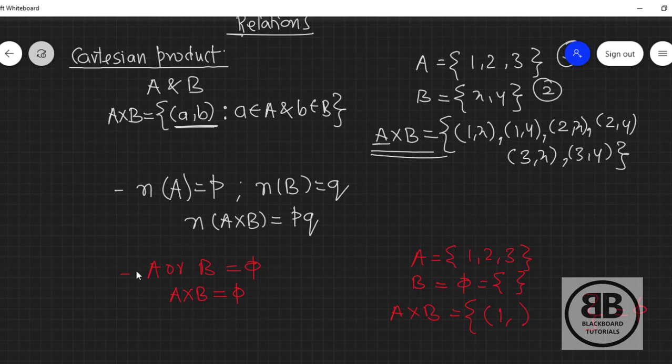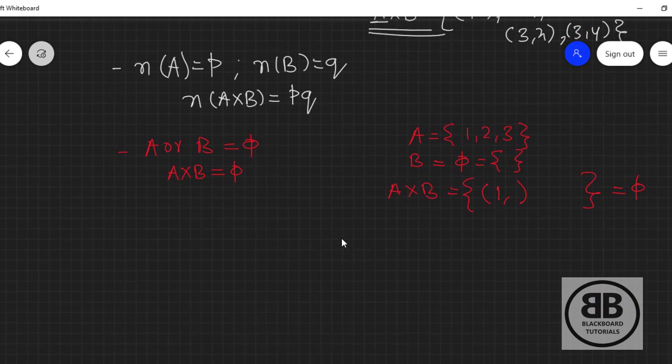Now we can say that the ordered pair (1, x) is different from the ordered pair (x, 1). Why is this so?